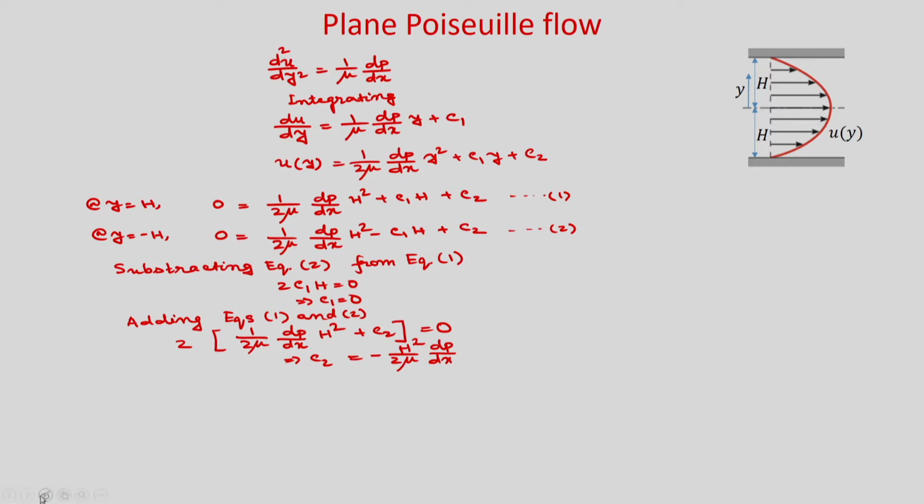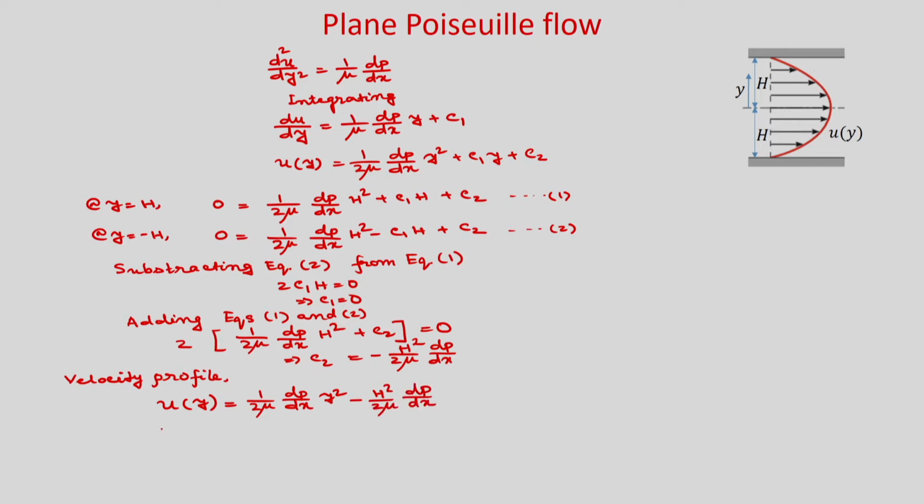So, velocity profile, you will get u of y is equal to 1 by twice mu dp by dx y square, c1 is 0 and c2 is minus h square by twice mu dp by dx.